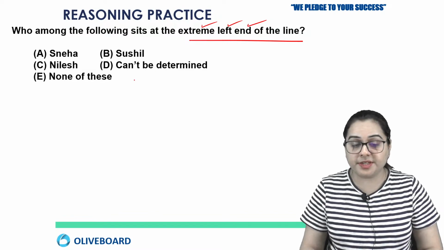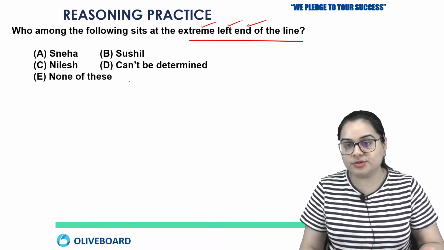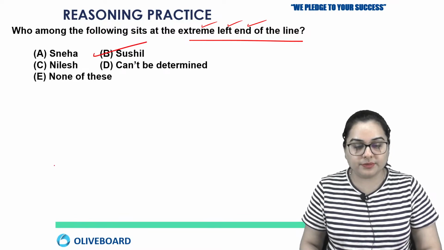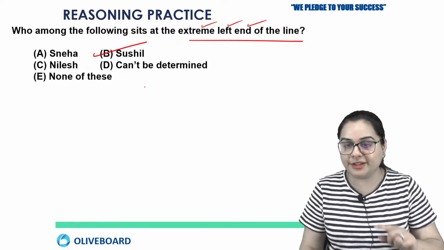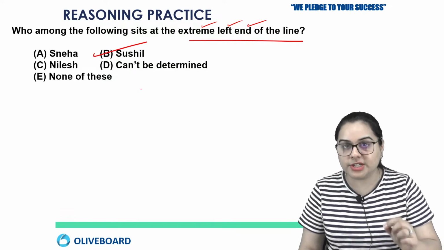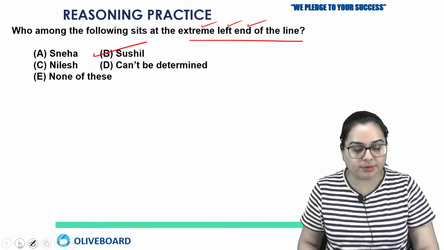In the extreme end, I can find it is either Sushil or Nilesh. He's saying extreme left end. So in the extreme left end, I can find it is Sushil. So the answer will be option number B.